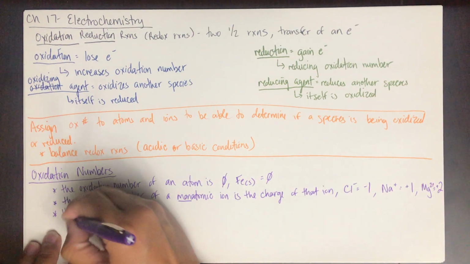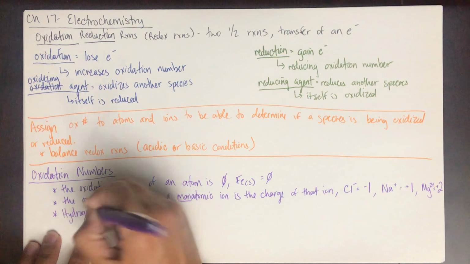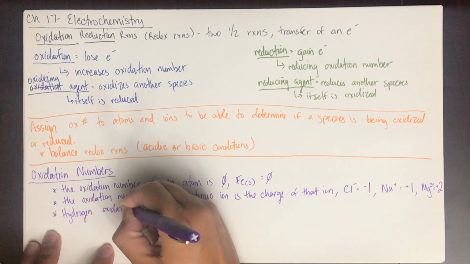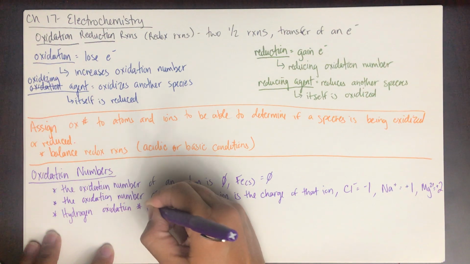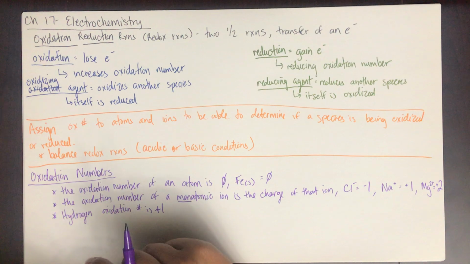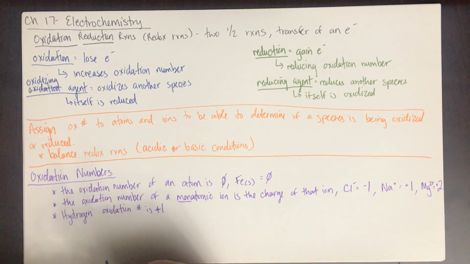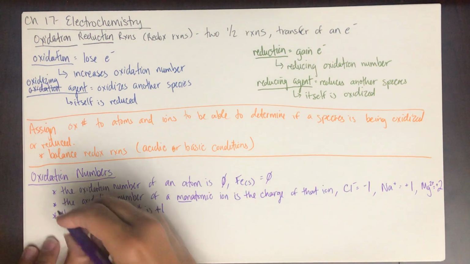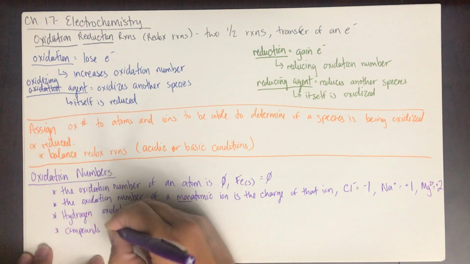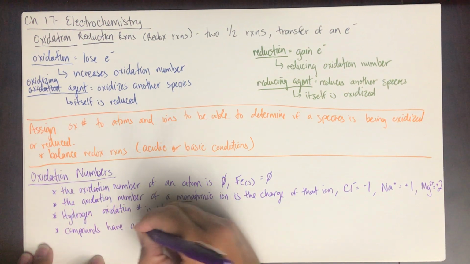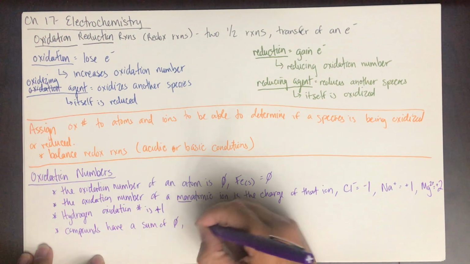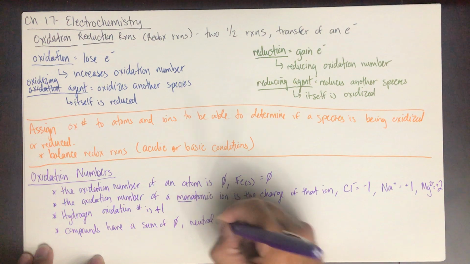Hydrogen oxidation number is always +1. For a compound, the sum of the oxidation numbers is neutral, for a neutral compound.